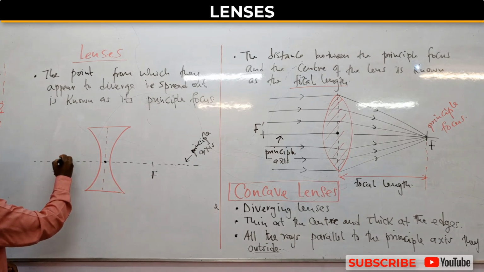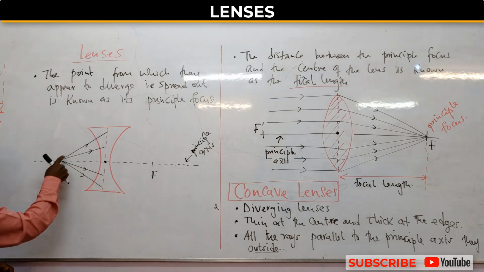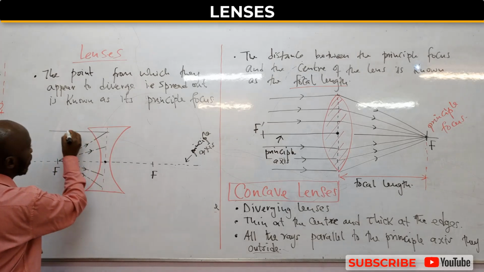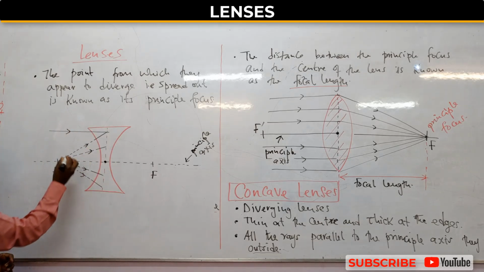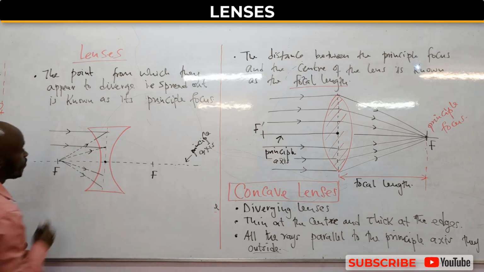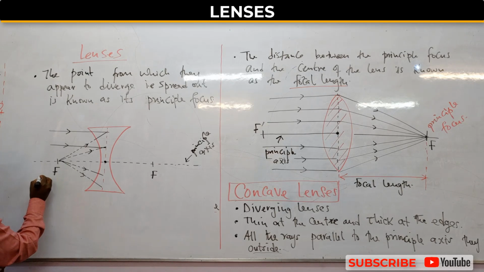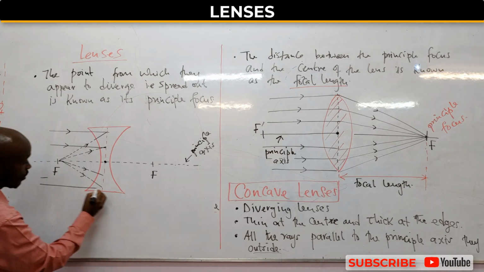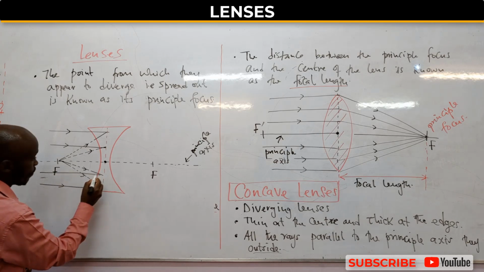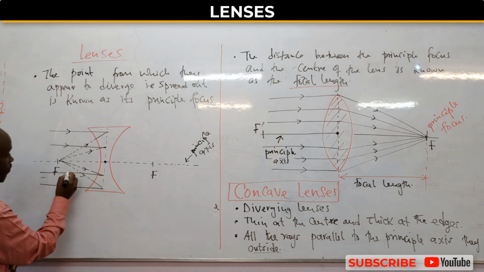So I'll draw some rays. Now, these ones, please note, the real rays, of course, were just moving parallel to hit the lens. Parallel like this to hit the lens. And then we have this other one, and we have this other one.